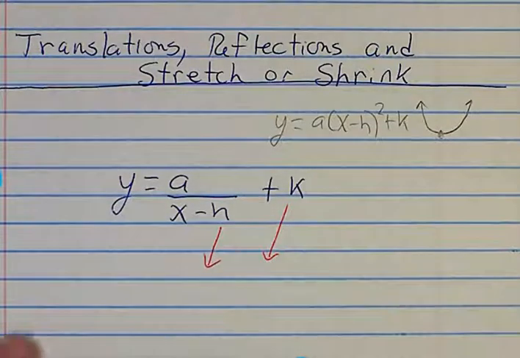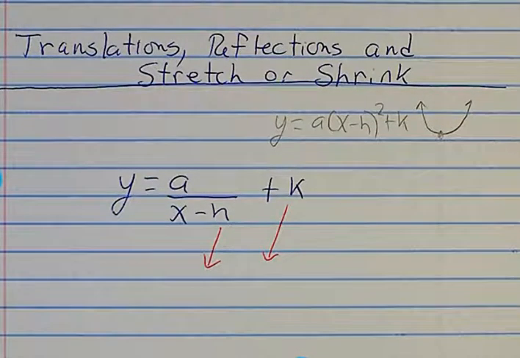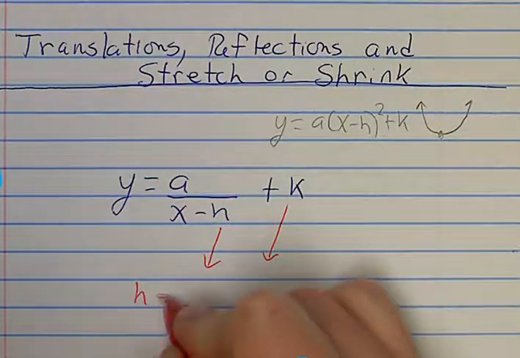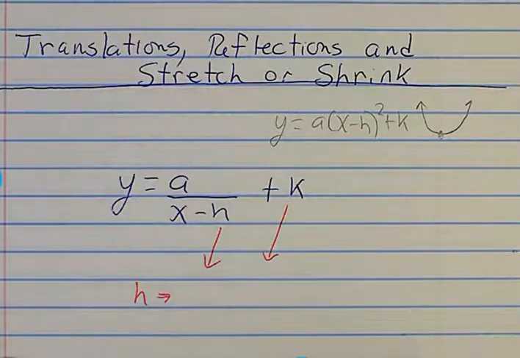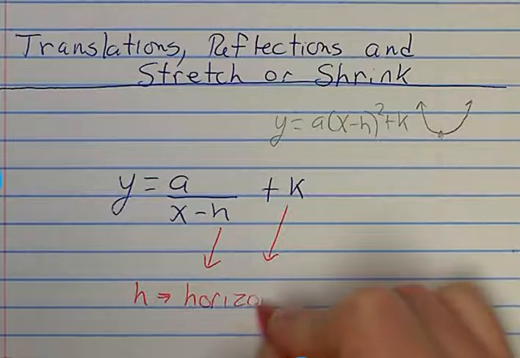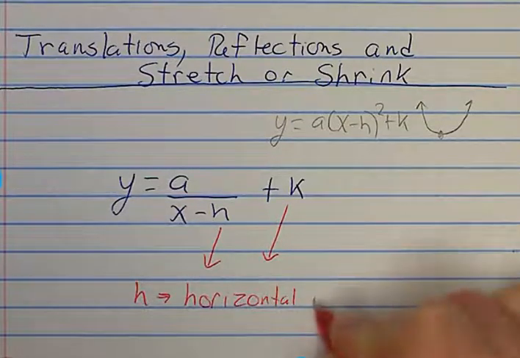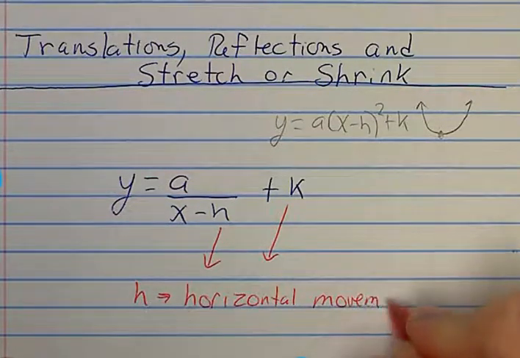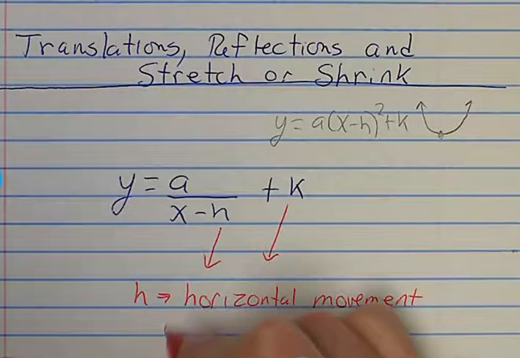Okay, so when we're doing this one, we're going through with the parts over here, the h and the k. That's coming out of everything that's here. So the h, that is your horizontal movement. And just like when we did the quadratics, it's going to be in the opposite direction.